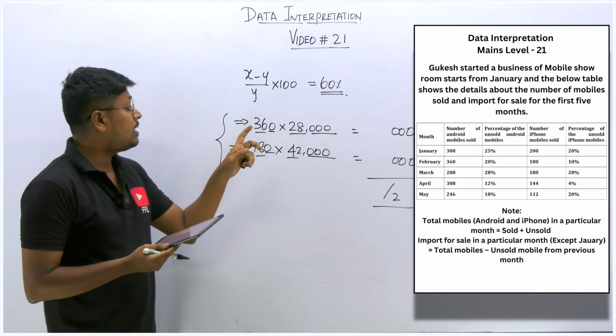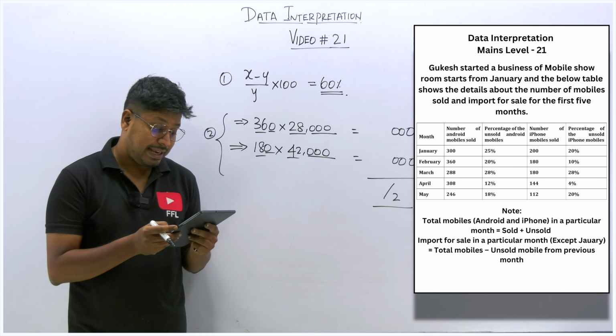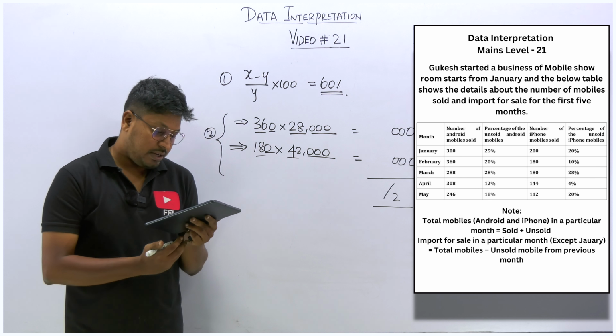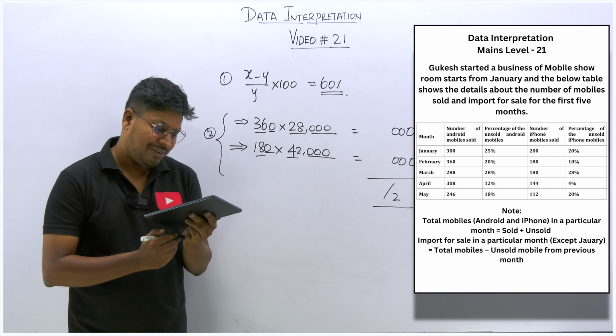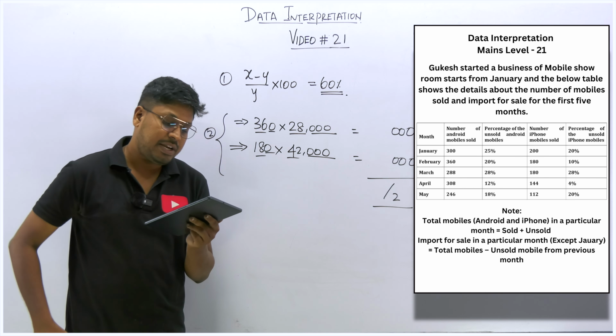For the second question, I think I have given the solution also in the test. The next question is: in which month is the number of mobile phones imported for sale the second lowest? Consider that the import for sale in the month of January is 520.